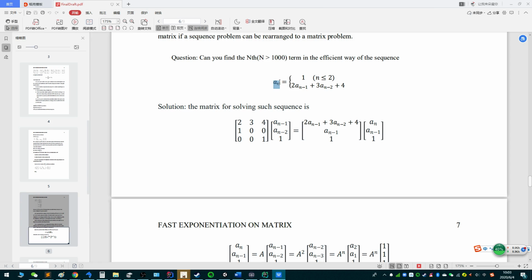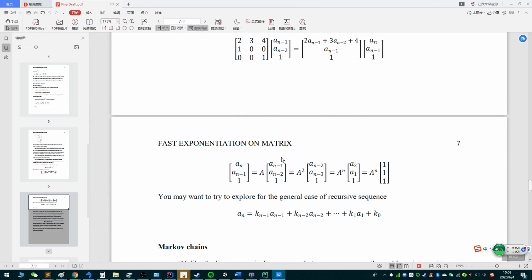So let's define an equals 1 if n is smaller than or equal to 2, and an equals, let's say, 2, this formula. And we can define such a matrix that does the operation to let each subnumber add 1, like what we just did for the Fibonacci sequence.